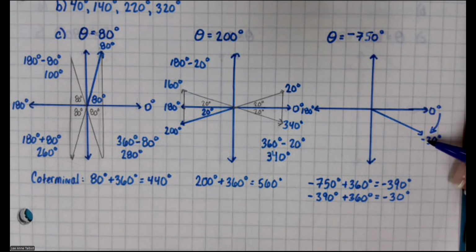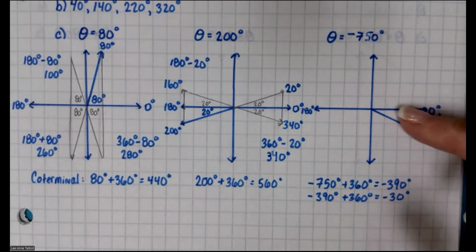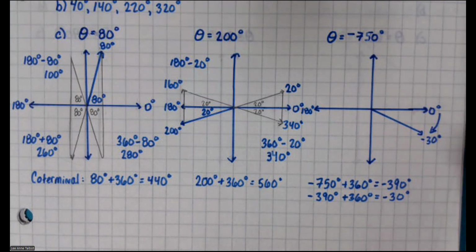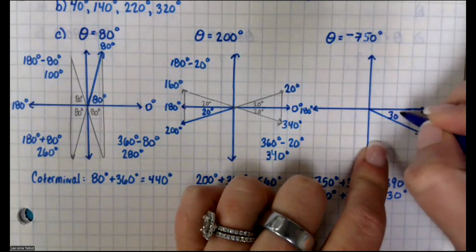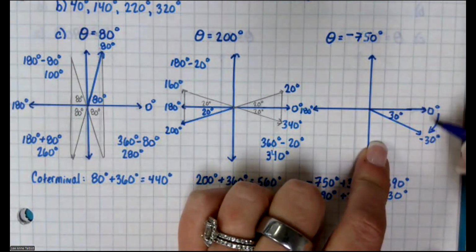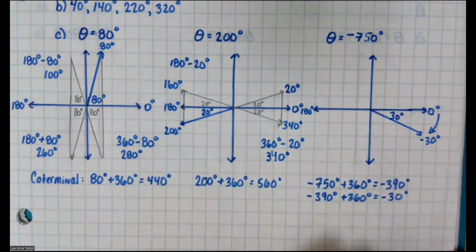If this is swinging 30 degrees downward, what is the reference angle? How open is this angle right here? It's so easy, it's hard. It's just 30. It's just 30 degrees. Reference angle is 30 degrees.